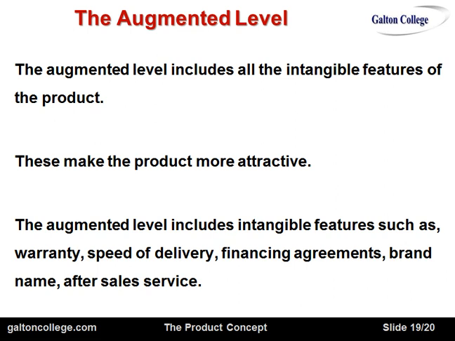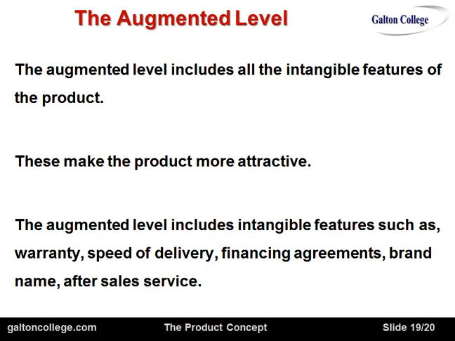The secondary level, which is the styling, the fashionable end, the color, the texture, the design, the image, the brand. It's what attracts the customer to the camera. And then there's the augmented level, which is what is associated with the camera. This could be guarantees, warranties, aftercare service, and so on. And that's the third level.